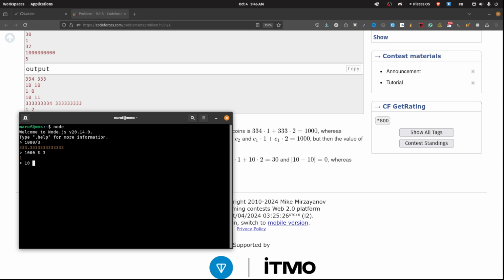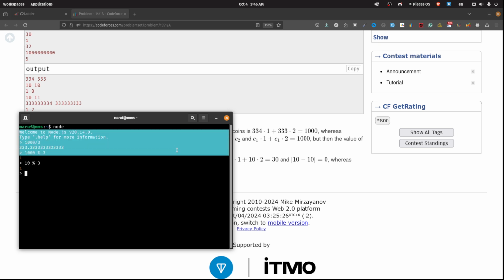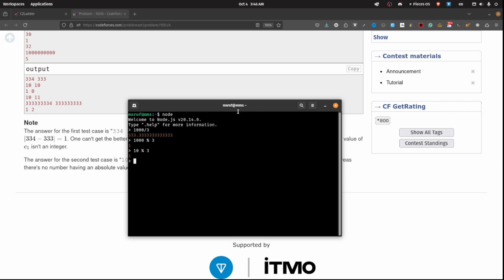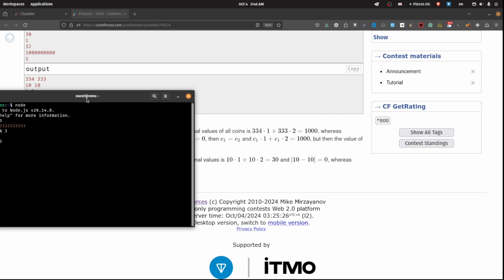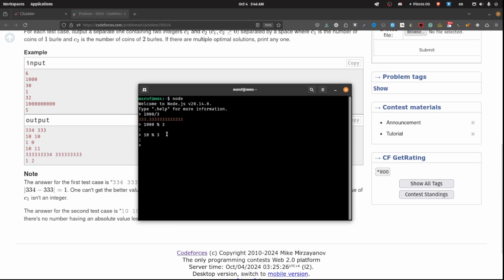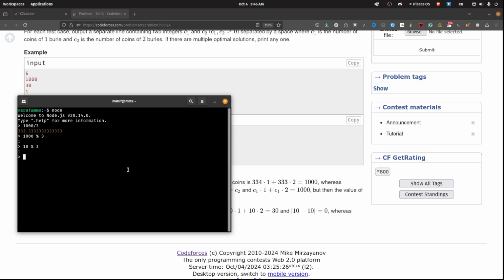10 modulo 3, I also get 1. Fine. So I can say that 1000 divided by 3 is the value of one value, for example C2, so I can count it, or I can take the floor value of it to count as C1.